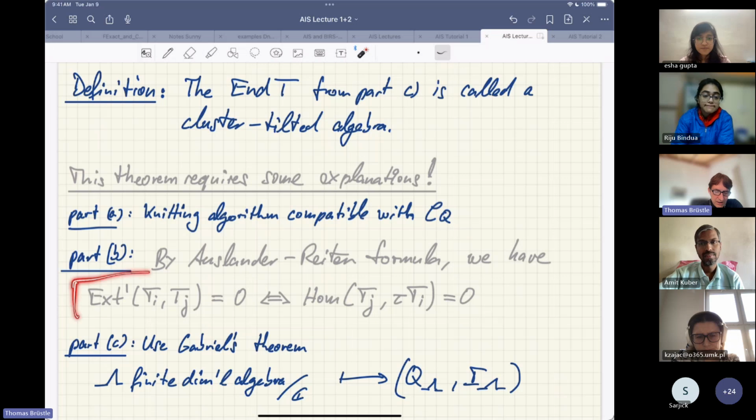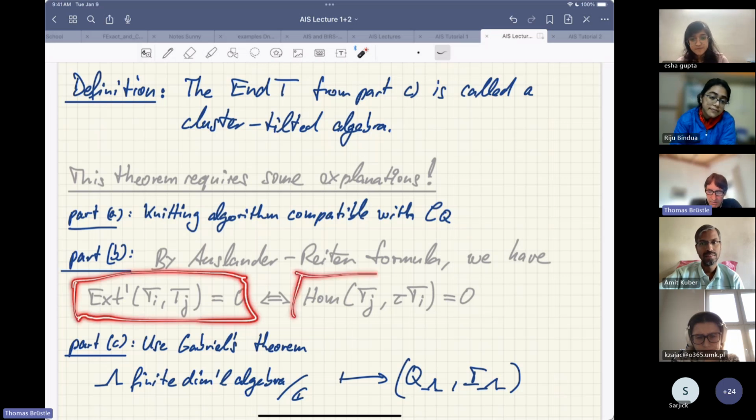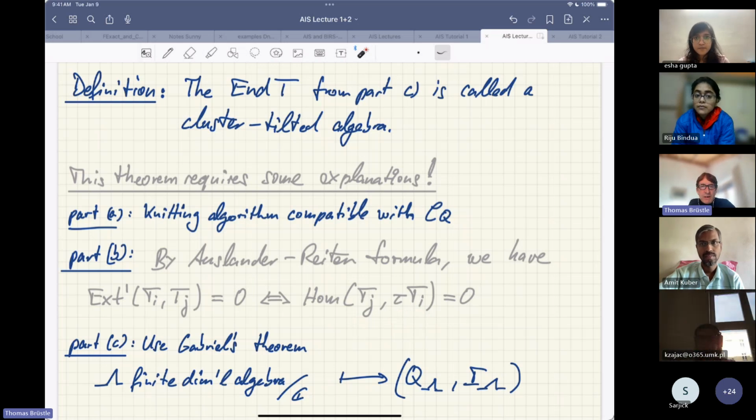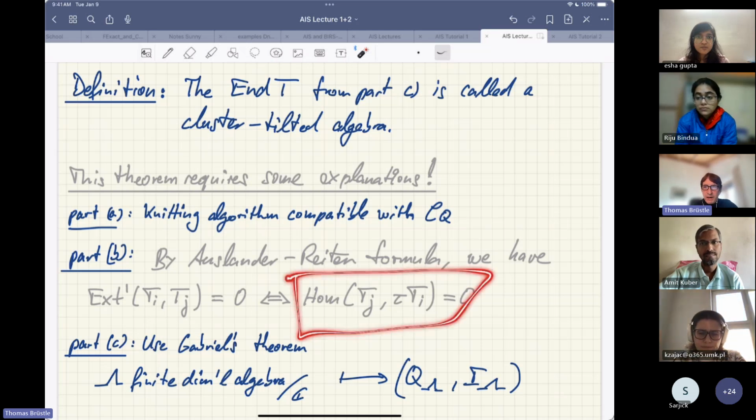And I really have that Ext1 between these two objects is zero if and only if there are no morphisms from Tj into tau Ti. So I need to reverse the order here. Ti to Tj goes to Tj to tau Ti. This is how I can compute Ext1, and I will use that formula to compute it in examples. That's okay?